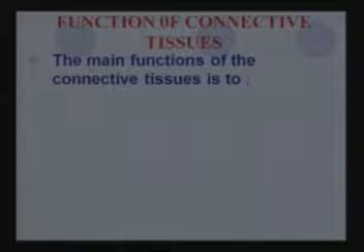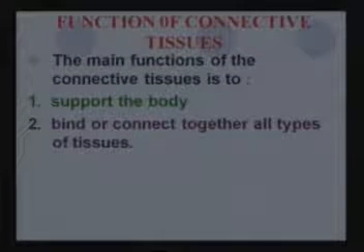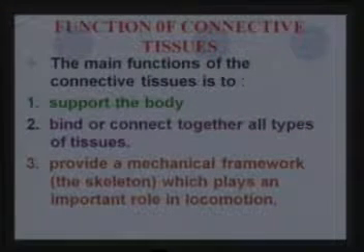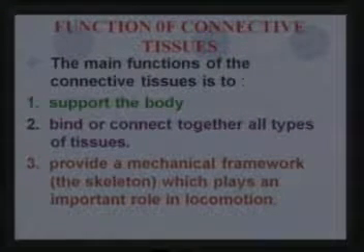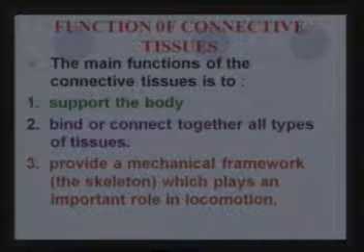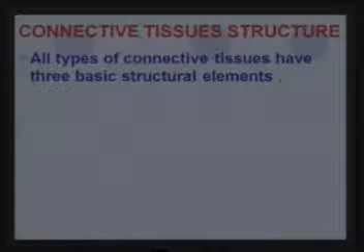So the main functions of the connective tissue are to support the body and bind or connect together all types of tissues. All the bones are connected with the help of connective tissue. They also provide a mechanical framework through the skeleton, which plays an important role in locomotion. Now, the skeleton is also a connective tissue, which may surprise you.